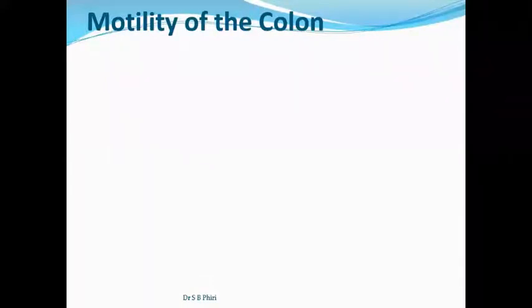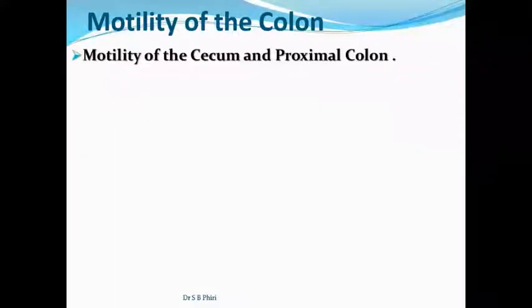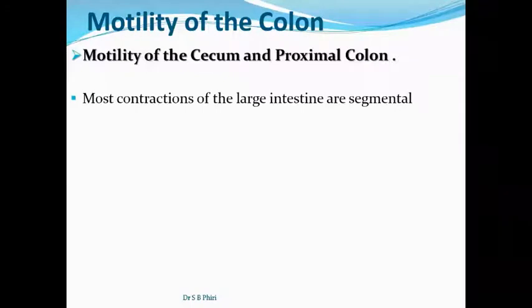So the motility of the colon, or the motility in the large intestine, I think we mentioned you can divide the large intestine into the cecum and proximal colon. So the motility in the cecum and proximal colon: most contractions here in the large intestine are segmental. Segmental contractions are due to the contraction of the haustrations.